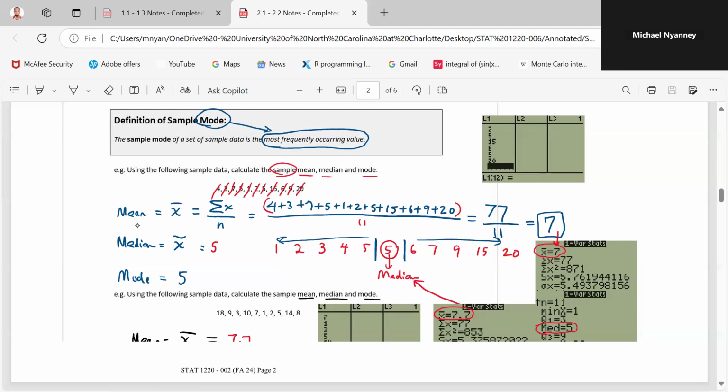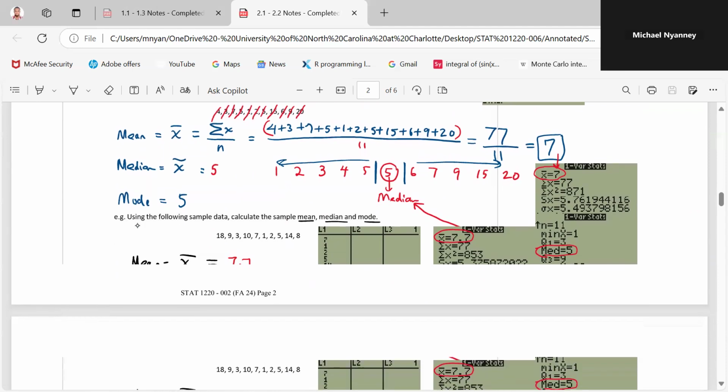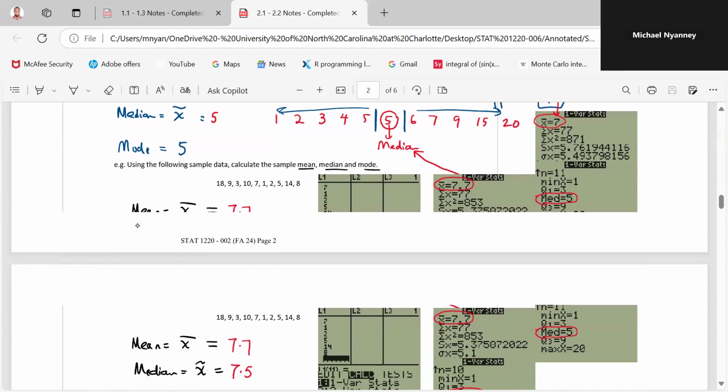So click the right arrow, go to the calc and click enter. Then it will tell you to calculate. When you click calculate, enter again, then you're going to have these values here. You're going to have the S bar, the median, the number of data points you're having, so on and so forth, and you're good to go.